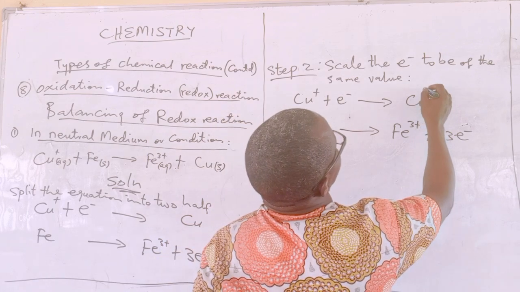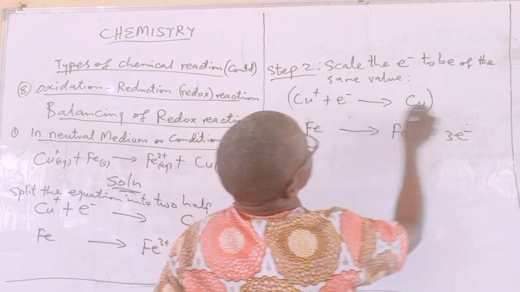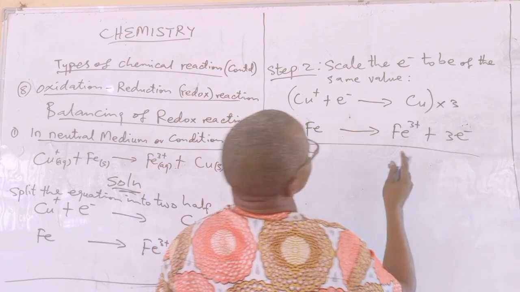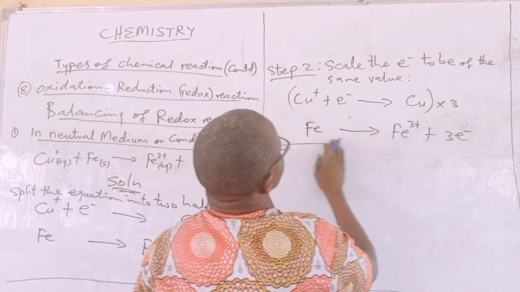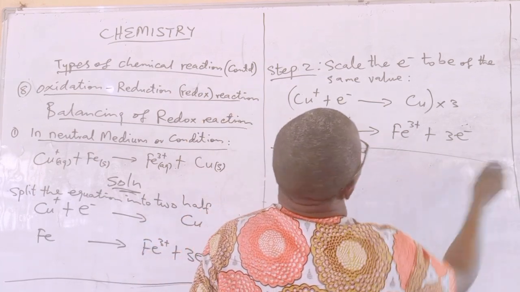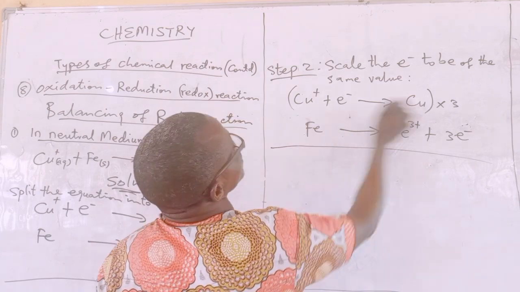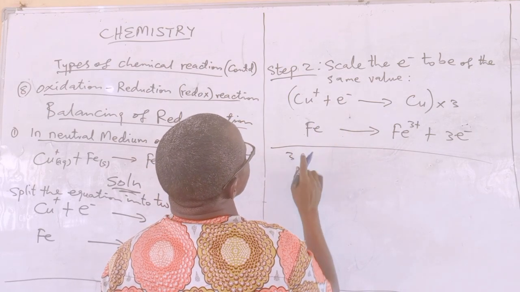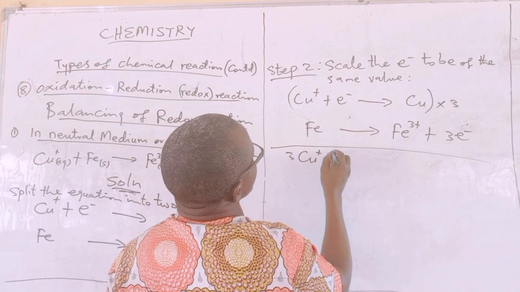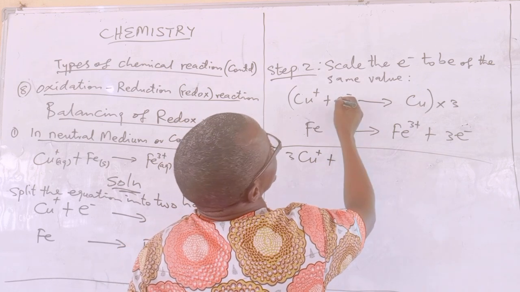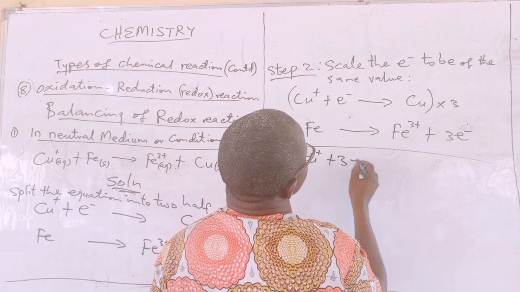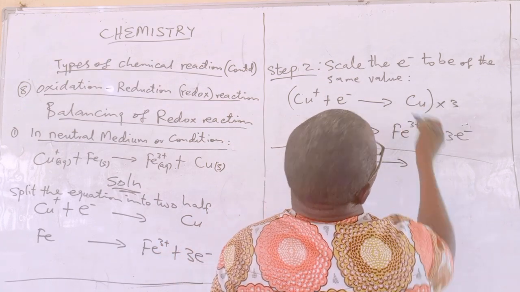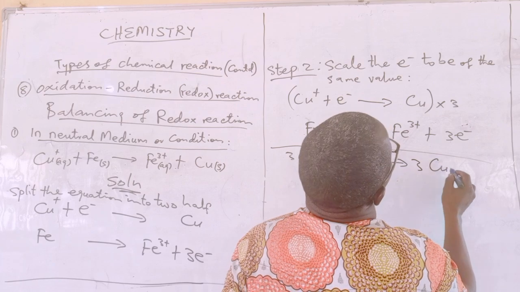So if I multiply the whole equation by 3, I will now have 3 times 1, 3Cu+ plus 3 times 1 here, 3e minus, arrow, 3 times 1 here, 3Cu.